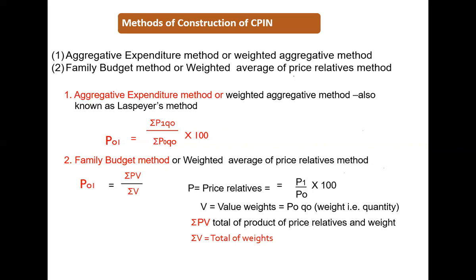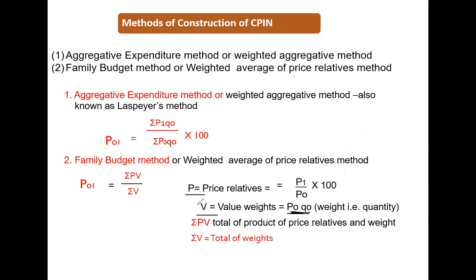What you do is you find your price relatives first. That will give you the P, okay. Then you measure the price relative with the value weight. The value weight is the price in the base year times the quantity in the base year. That will give you your V, okay. So first find price relative, that is P. Then find the value weight, which is what? Your price in the base year times the quantity in the base year.